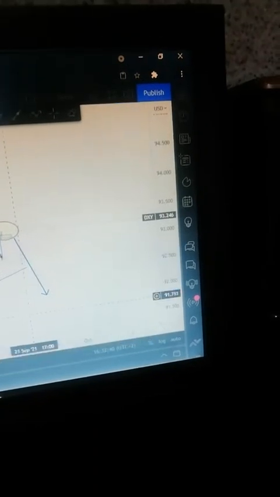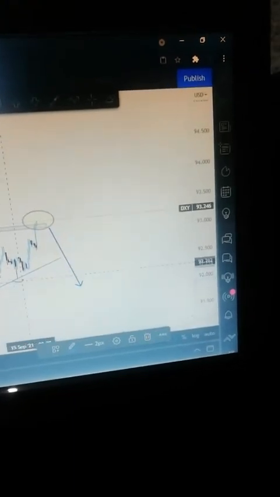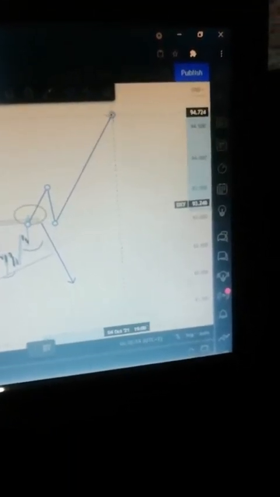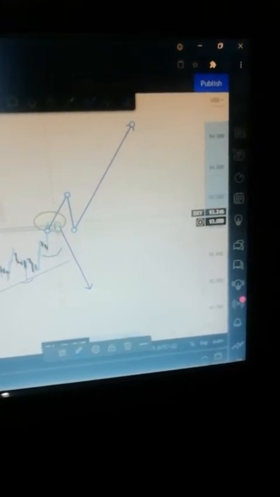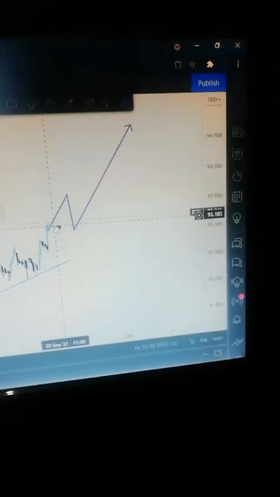As you can see, we made higher highs and higher lows. We were building up to this area here. You can see support, even supported here. So we could very well see that break, retest, and bullish momentum, right? So that is really it on the DXY.